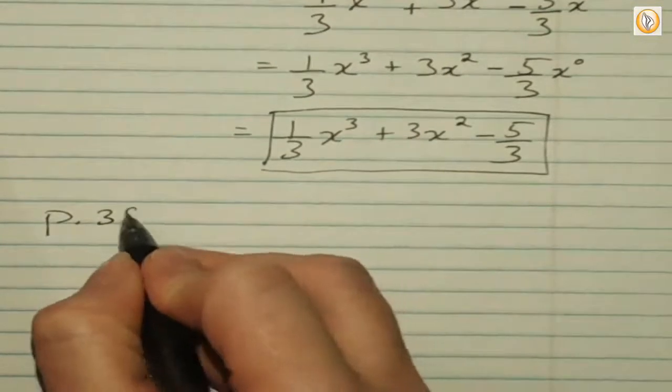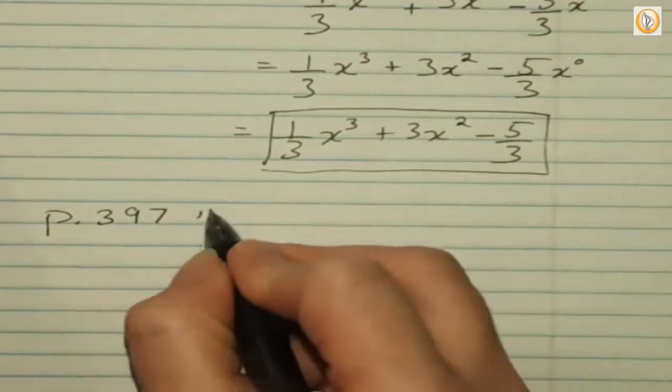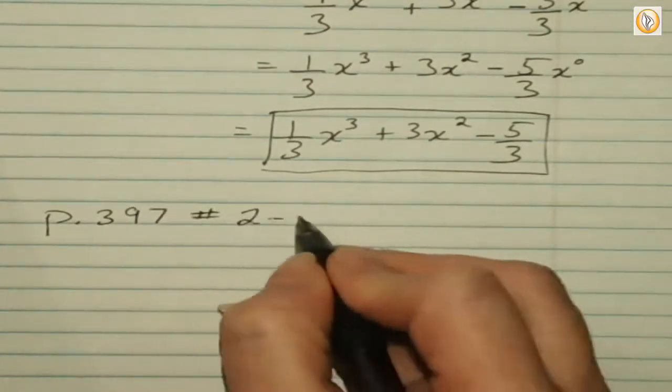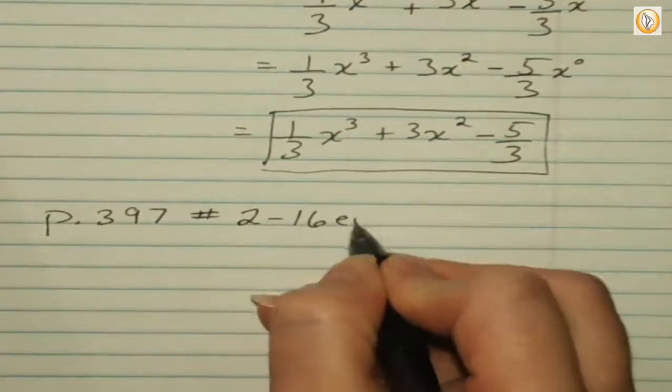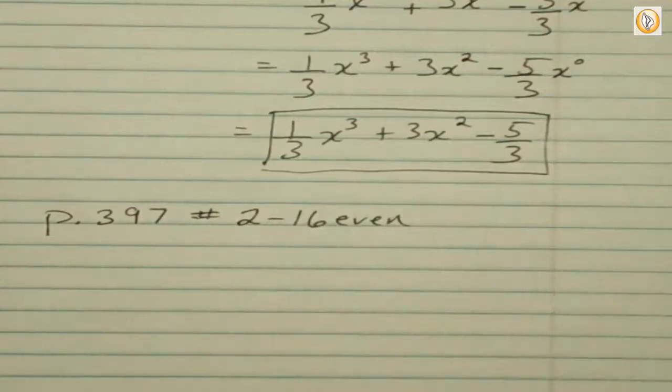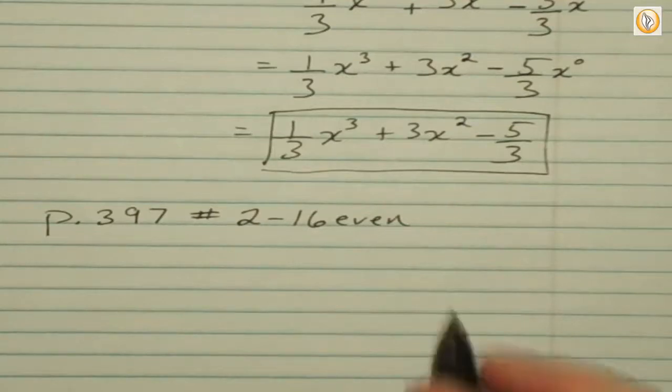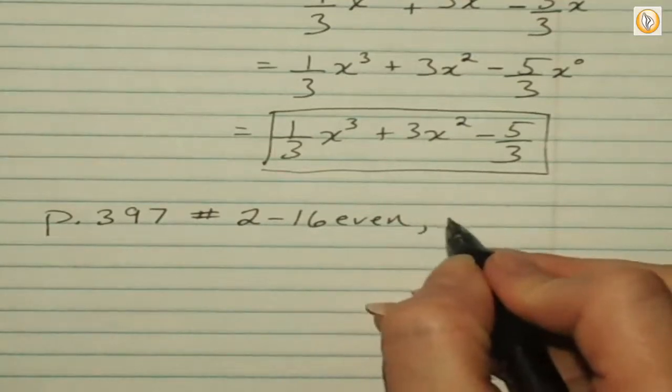Just kidding. All right, you're doing page 397. And today is Friday. You're only doing 2 through 16 even. That's 8 problems. Let's see here. Hold on. I think let's do 10 problems.